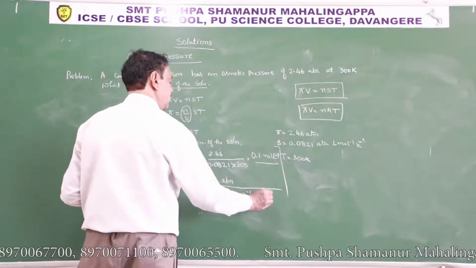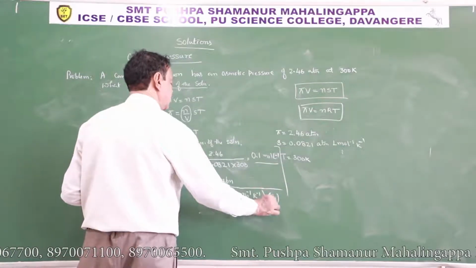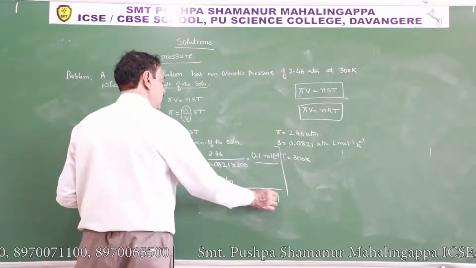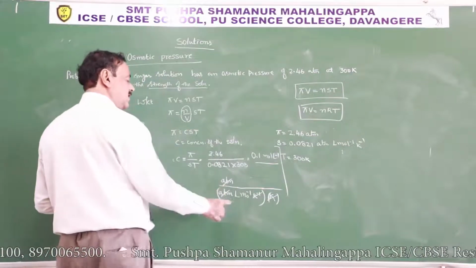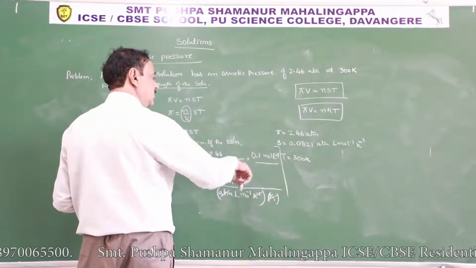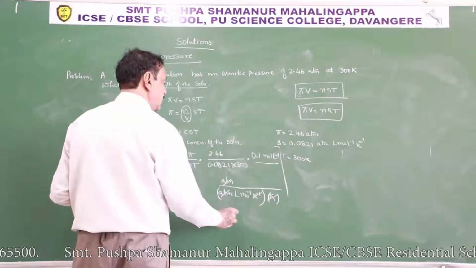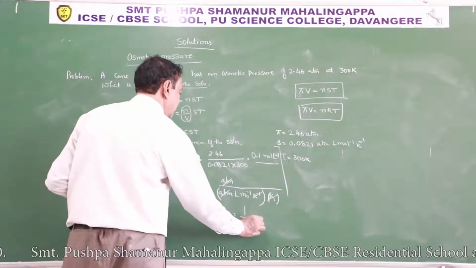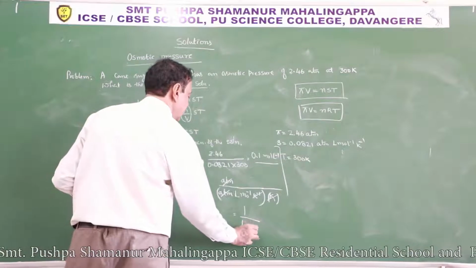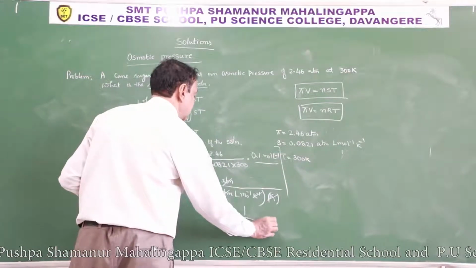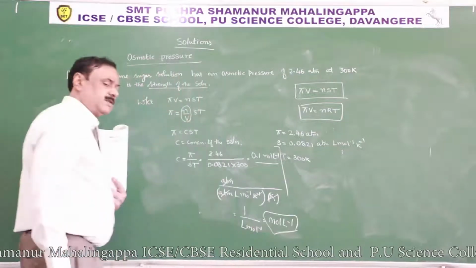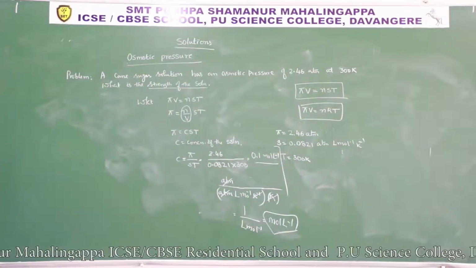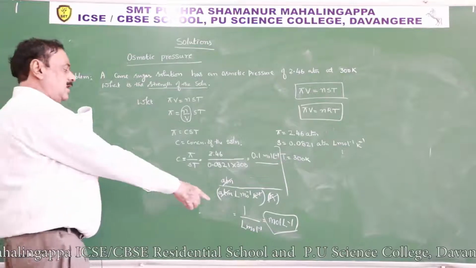The unit of temperature is Kelvin, so Kelvin and Kelvin get cancelled. Atmosphere and atmosphere get cancelled. Liter per mole is a reciprocal, that is 1 divided by liter per mole, and hence it is equal to moles per liter. This is how to calculate the unit.